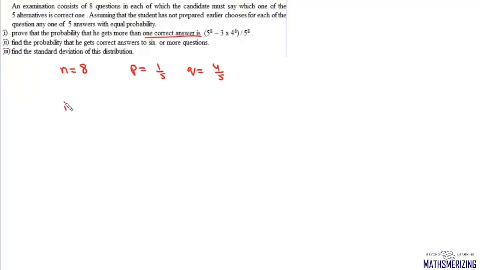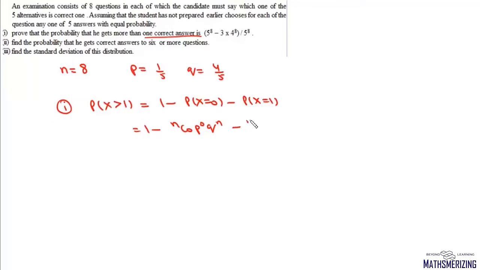Now the first one is we have to find the probability that x is greater than 1. Now probability of x greater than 1 is 1 minus probability of x equals 0 minus probability of x equals 1. Now this is 1 minus nC0 p to the power 0 q to the power n, minus nC1 p to the power 1 q to the power n minus 1.